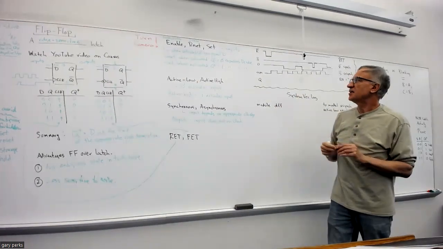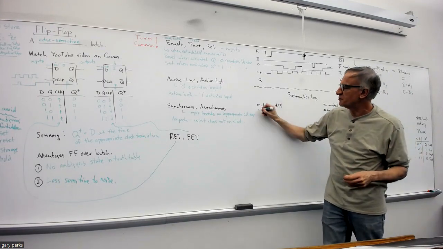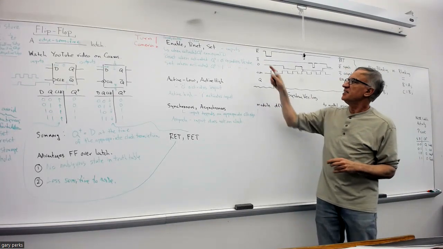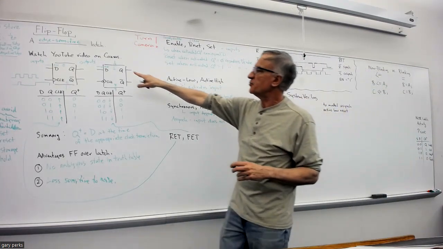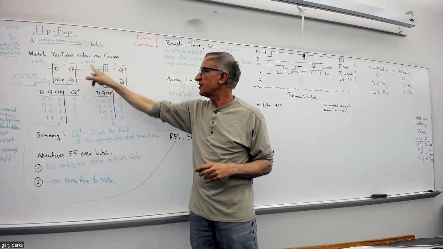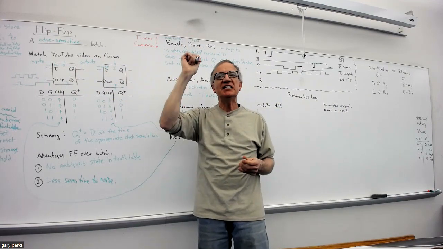The other thing, and this confuses people, but don't shoot the messenger. I didn't make this up. It's just the way it is. In timing diagrams, as well as on these block diagrams of the flip-flops, a bar means active low. It doesn't mean not.